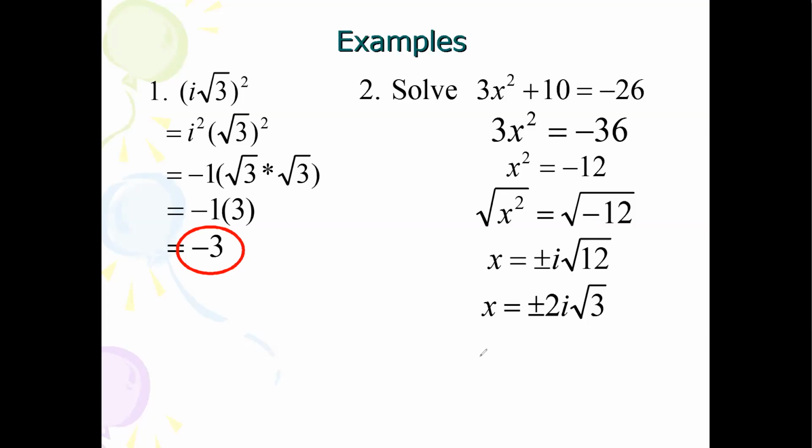In other cases, let's say you have a solution that is 1 plus i, you know that the other solution is 1 minus i. Don't waste time doing any calculation. The other one will be 1 minus i, right?